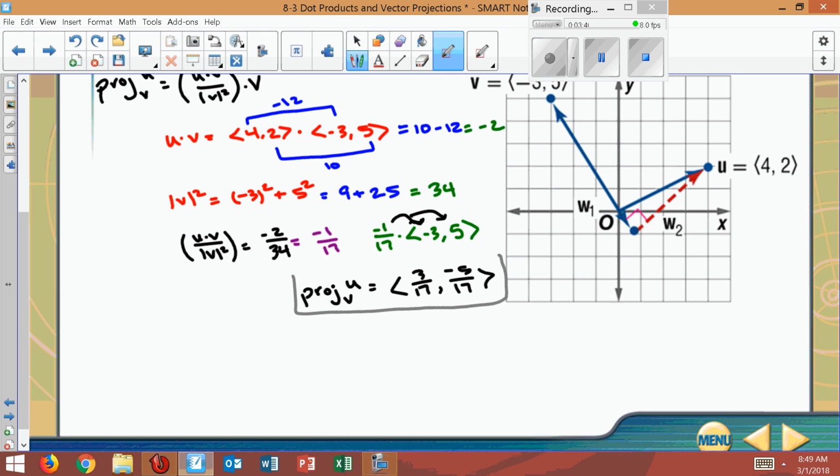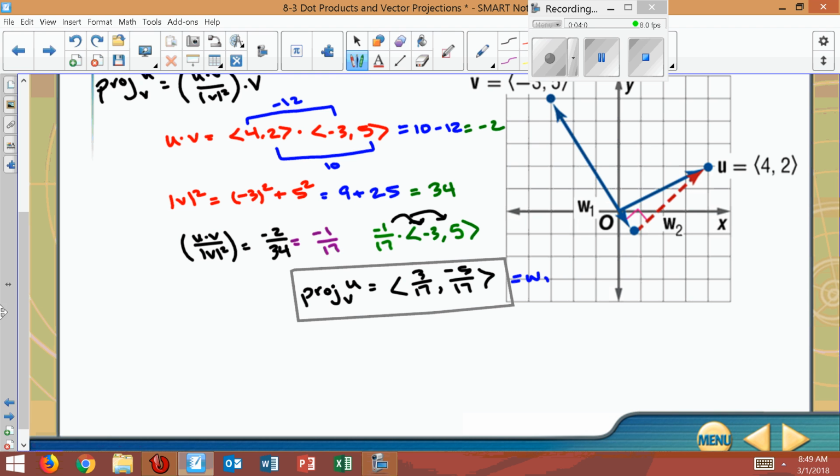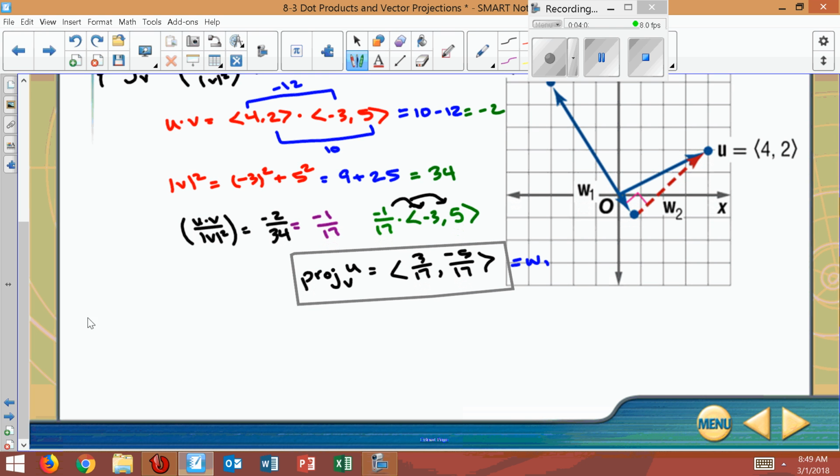Now it said write u as the sum of two vectors. Basically what it means is write it as the sum of W2 plus W1. Well, this is W1 right here. And so if you remember from example 4, to do so we would say that u equals W1 plus W2.